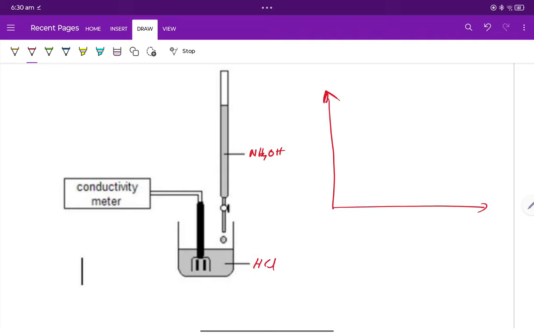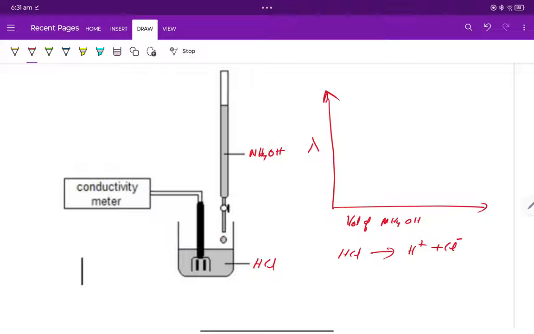and of course since HCl you have taken here you will be titrating with ammonium hydroxide. So here it will be volume of ammonium hydroxide, and here you will be starting with the conductance. Since you have taken HCl in the beaker, the conductivity meter will be giving the readings of HCl. HCl, as you know, is a very strong electrolyte. HCl dissociates as H+ and Cl-.